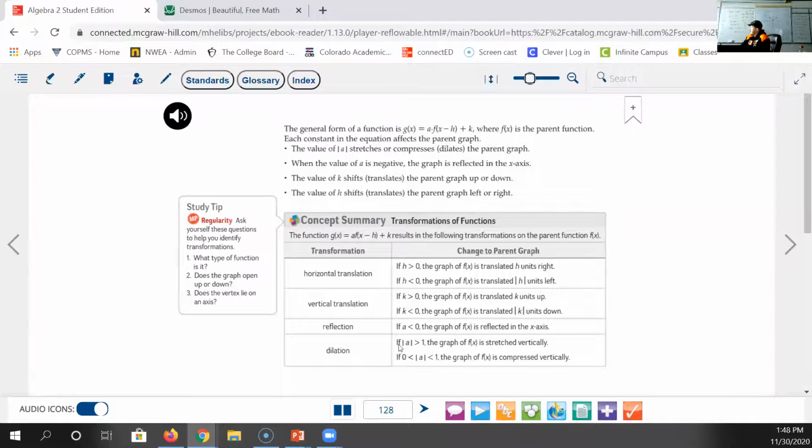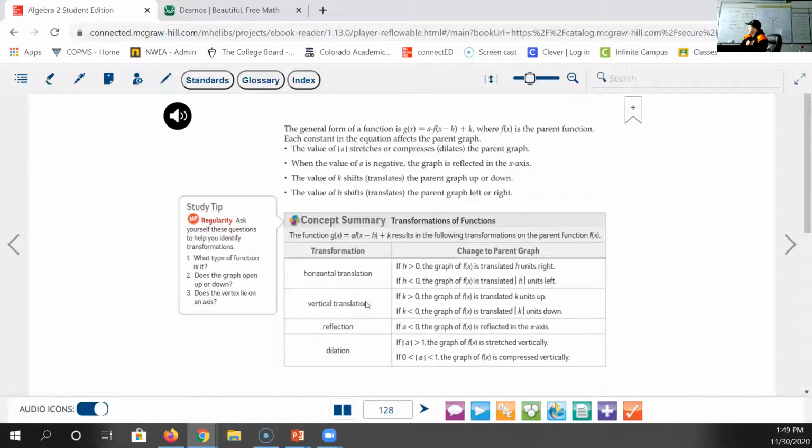When the absolute value of a is greater than 1, the graph of f of x is stretched vertically. And if the absolute value of a is between 0 and 1, the graph is compressed vertically. That's true for all of your graphs: linear functions, parabolic functions, quadratic functions, cubic functions, absolute value functions, step functions. That's what that value of a does. It stretches it or it compresses it.